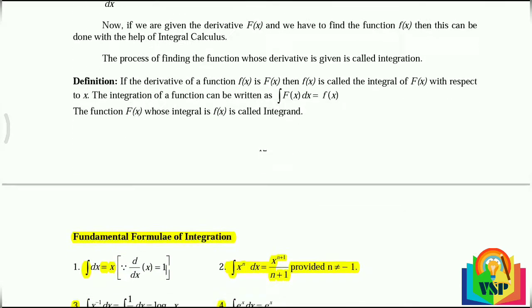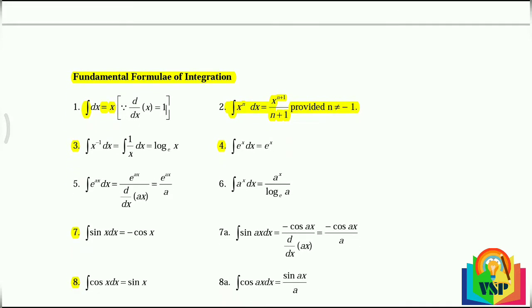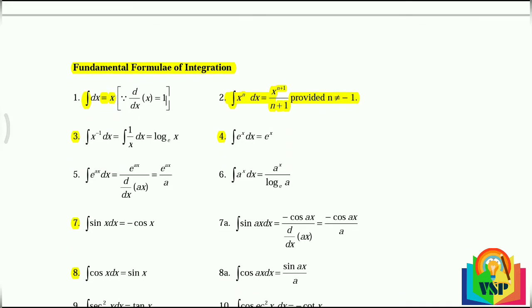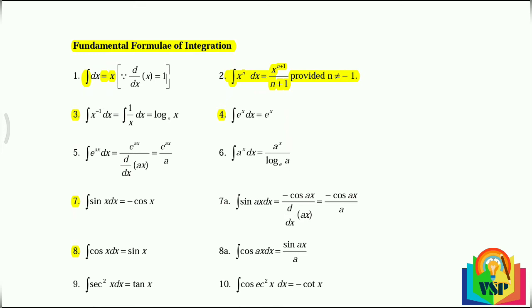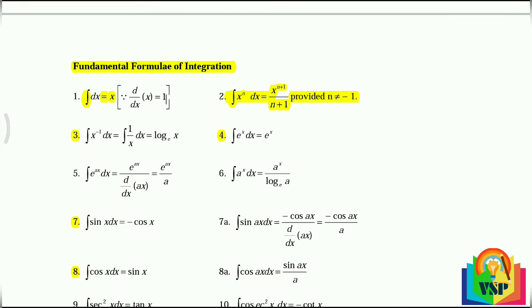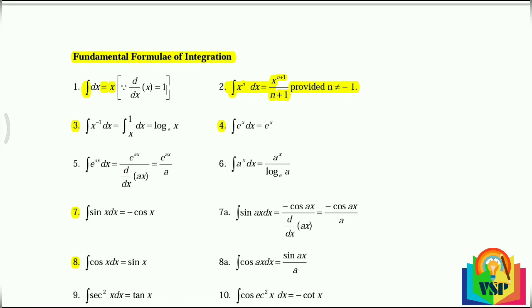Coming to the end, we have the fundamental formulas of integration. Last formula, write down the first one: integration of dx is equal to x. Integration of x power n dx is equal to x power n plus 1 divided by n plus 1. That symbol is the S-type symbol, so we can say integration.